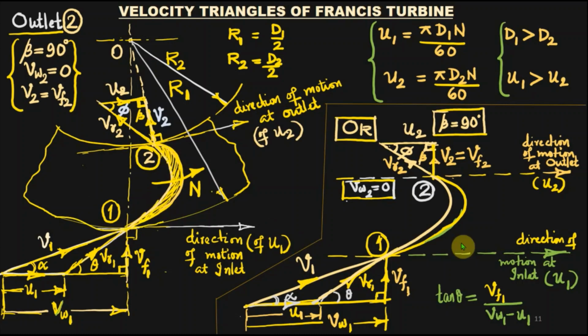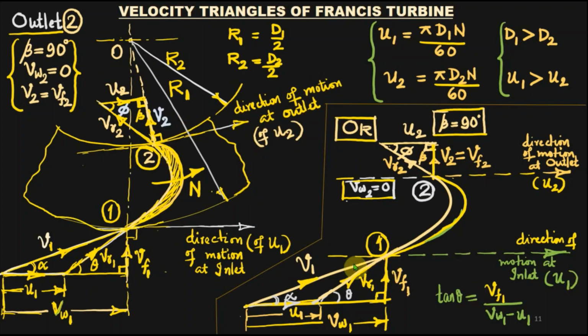And now we have another option to complete the velocity triangle in a simple manner. See, here you can notice that this U1 and U2 are not parallel because inlet 1 and outlet 2 are not on the same radius. But symbolically, you can represent those two directions, direction of motion at inlet and direction of motion at outlet.